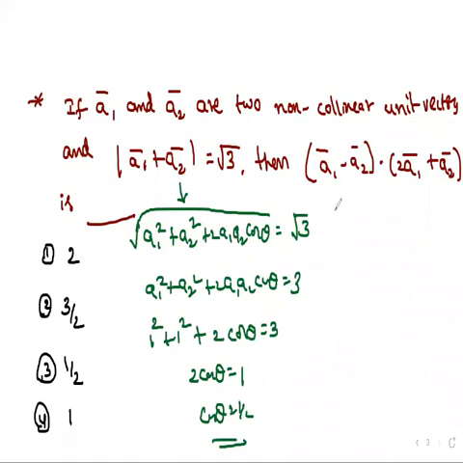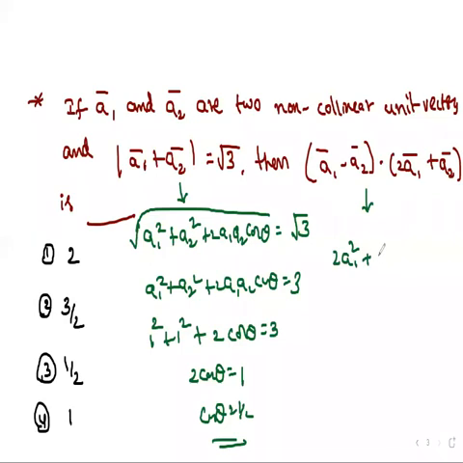But here you have to calculate the product of these two vectors. You take the product separately. First you multiply with a1: a1 dot 2a1. Two similar vectors are taken for the dot product, so the answer is a1 square into 2. We derived that in the previous classes. Next, a1 bar dot a2 bar.